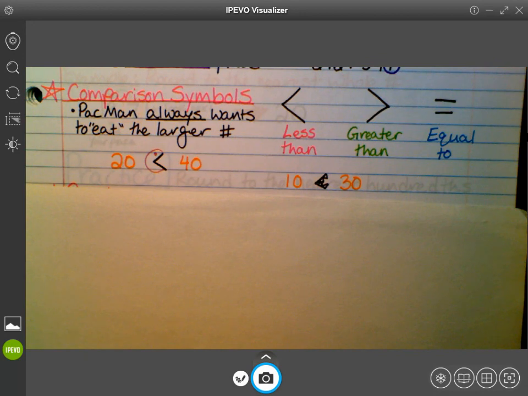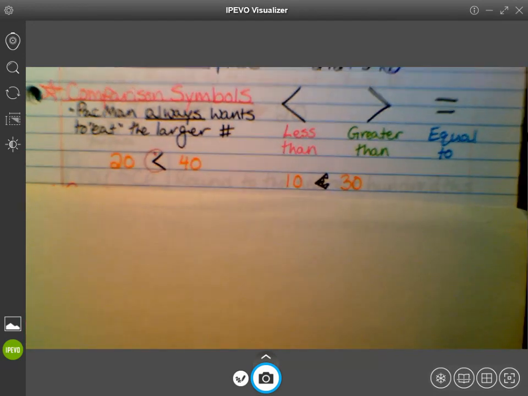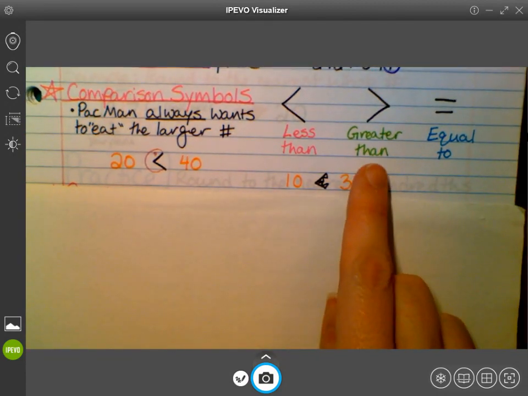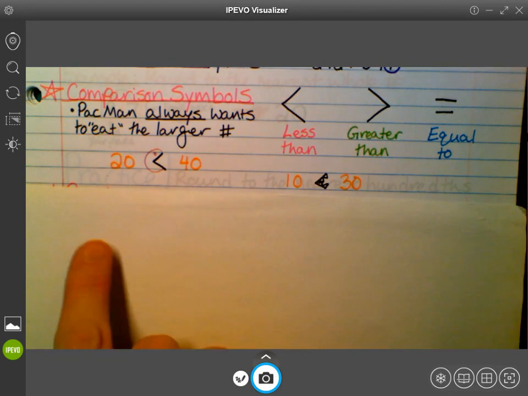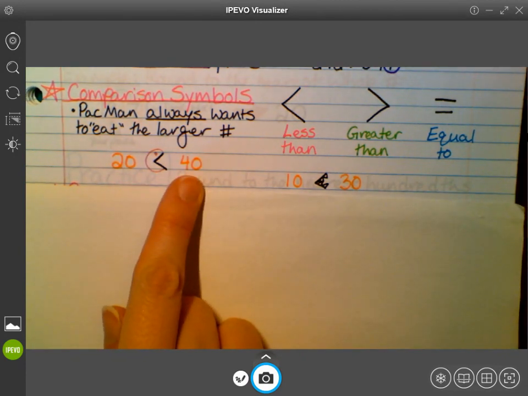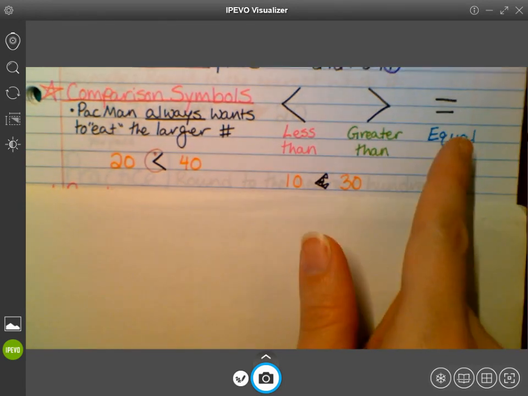So, less than, greater than, and equal to. Some of you were thinking, well, Miss E, what if the greater number is on the right? Well, then that's saying that the first number is less than the second number. So this always means less than. This always means greater than. This always means equal to.